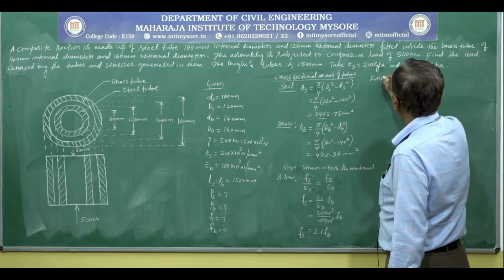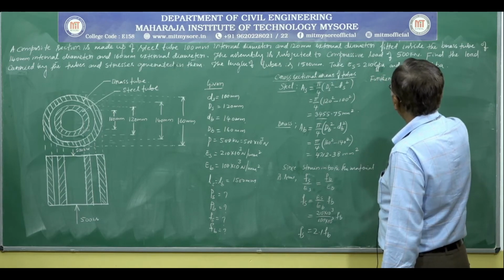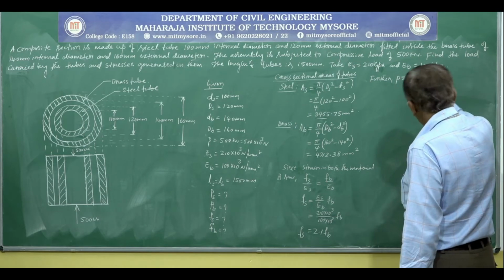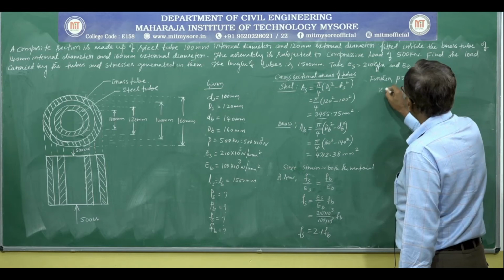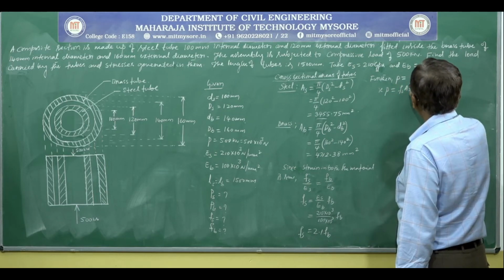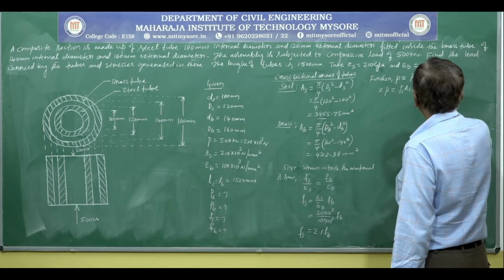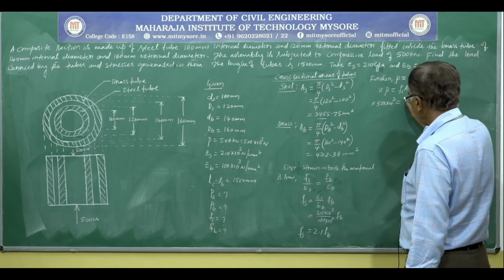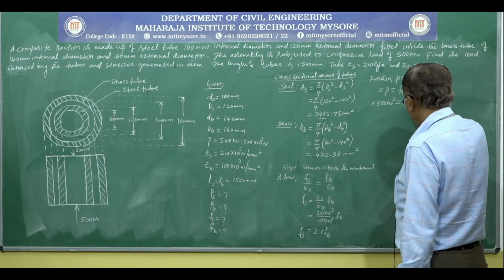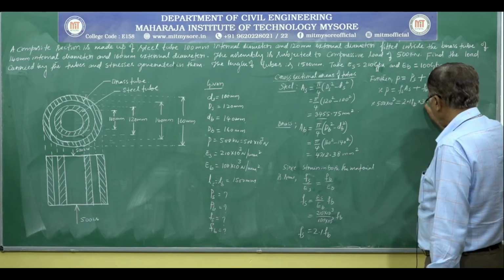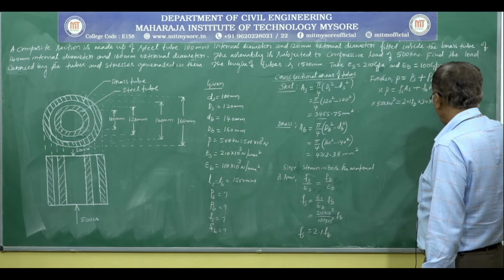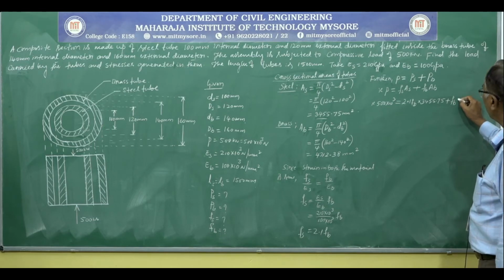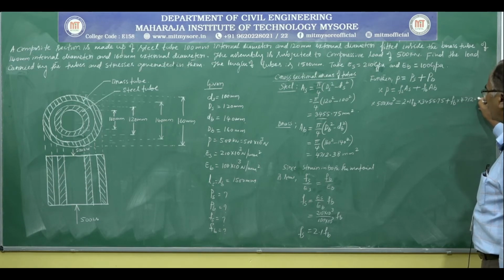Further, total load coming on the composite tube, P, is equal to load carried by steel plus load carried by the brass, that is P is equal to fsAs plus fbAb, that is 500 into 10 power 3 is equal to 2.1 times fb into As, 3455.75, plus fb into Ab, 4712.38.